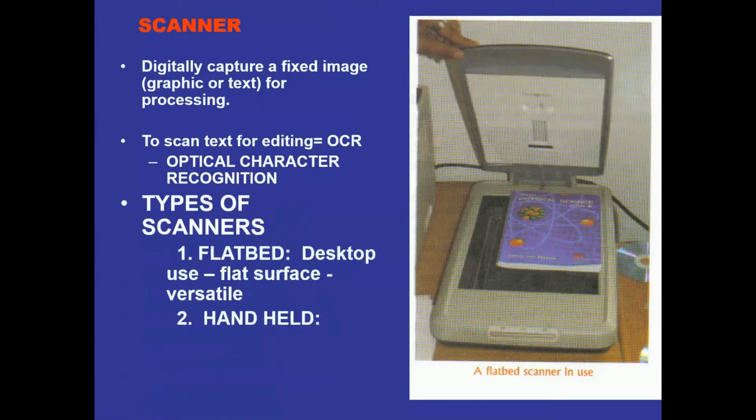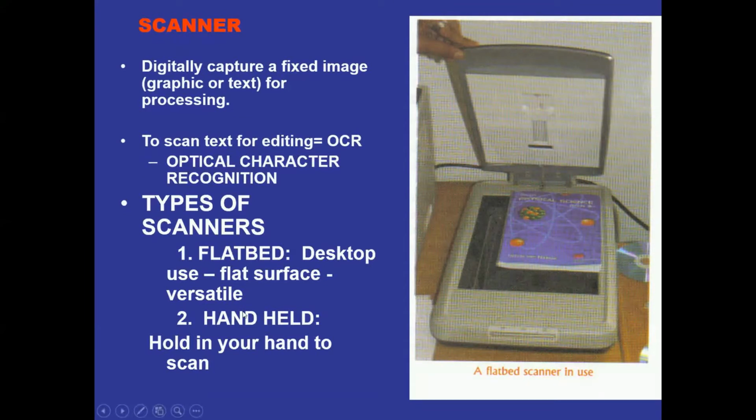We get 2 different types of scanners. We get flat bed scanners. They can be used on a desktop, flat surface, and they are versatile. What does versatile mean? You can scan different objects with them. Then we get a handheld scanner.